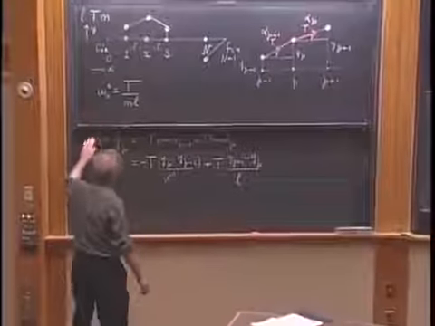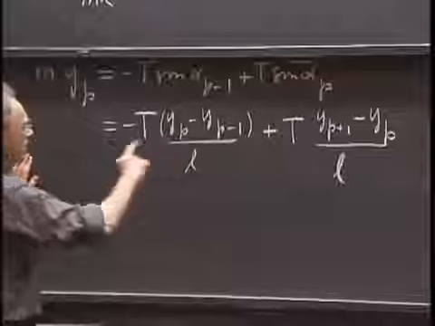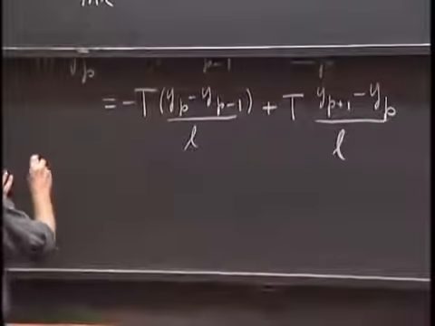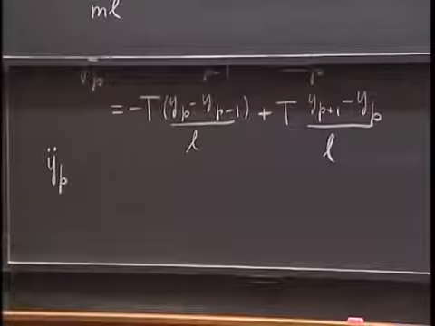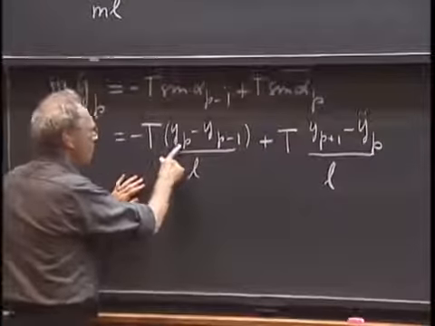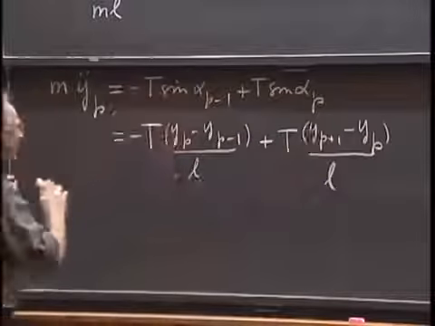So I can divide m out, and I can rewrite this, so get the m downstairs. And so we now get y of p double dot. And what I'm going to do now, I'm going to take the y p here and the y p there, and I bring them to the left.